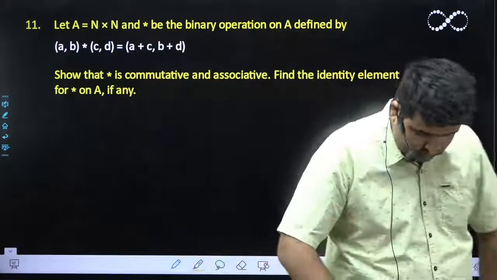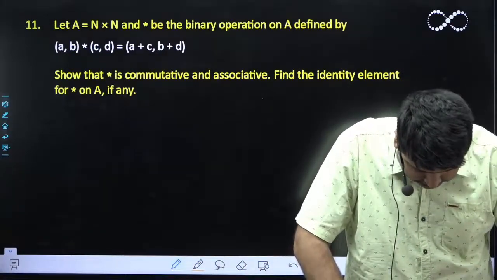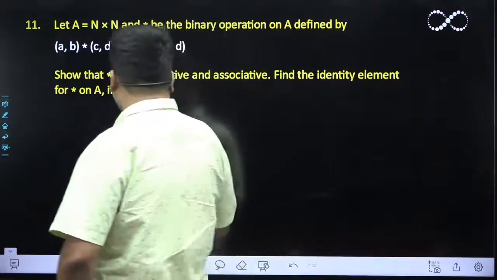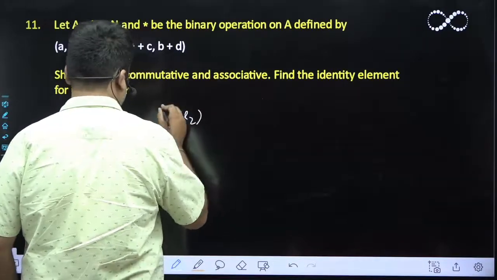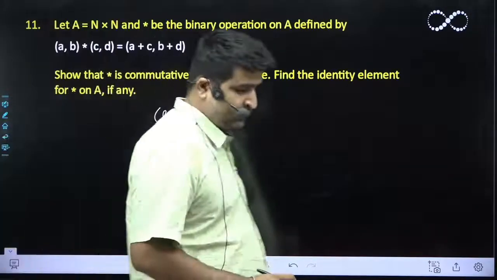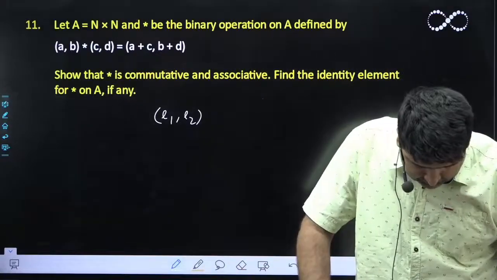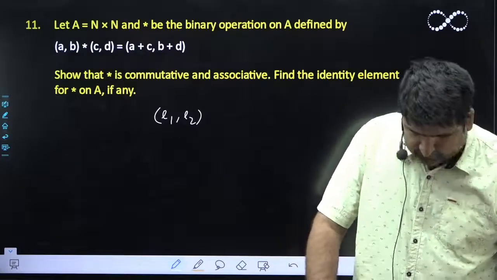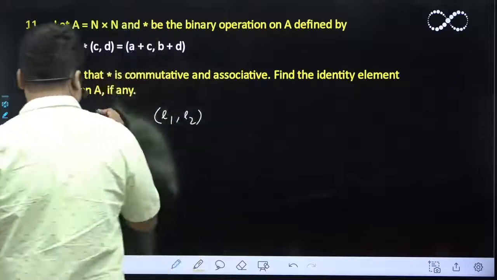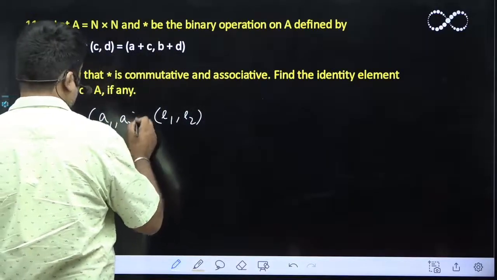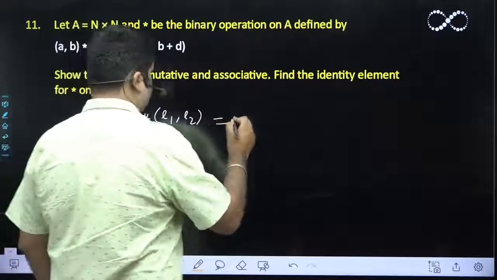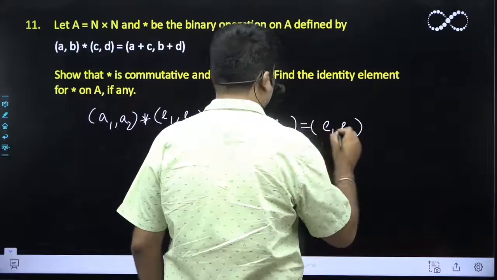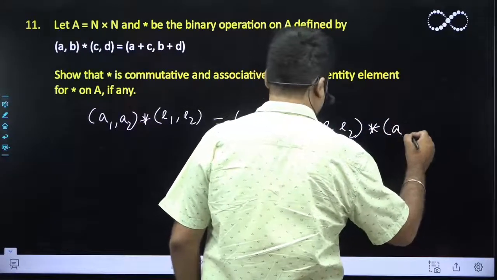Now to see whether this has any identity element or not, what do we check for identity element? We have to see such E1 E2, such that, let's say, A1 A2 star E1 E2 is equal to A1 A2 is equal to E1 E2 star A1 A2.